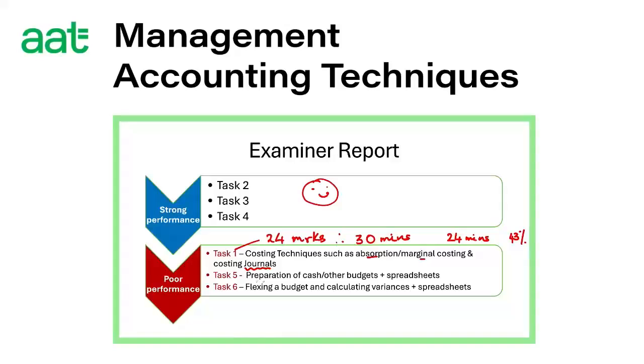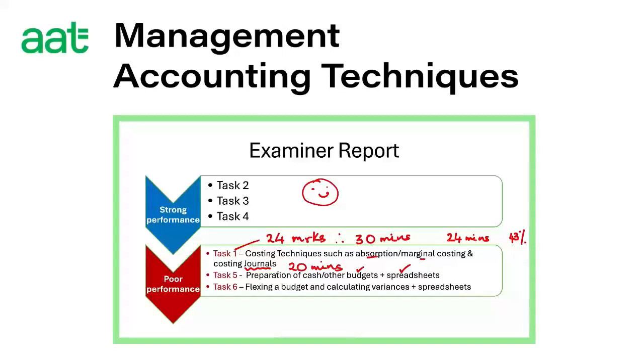Task 5 is to do with preparation of cash or other budgets, and also has elements of spreadsheets thrown in there. So you must be good at Excel as well as budgeting. In terms of this task, the examiner says the notional time allowance for this task is 20 minutes, okay, because it's a 16-mark task.